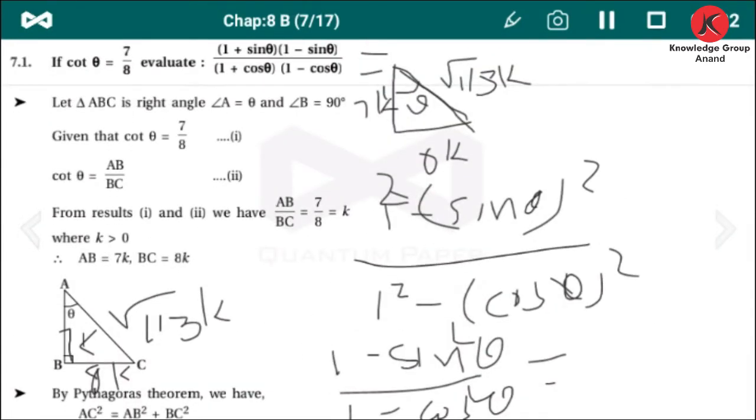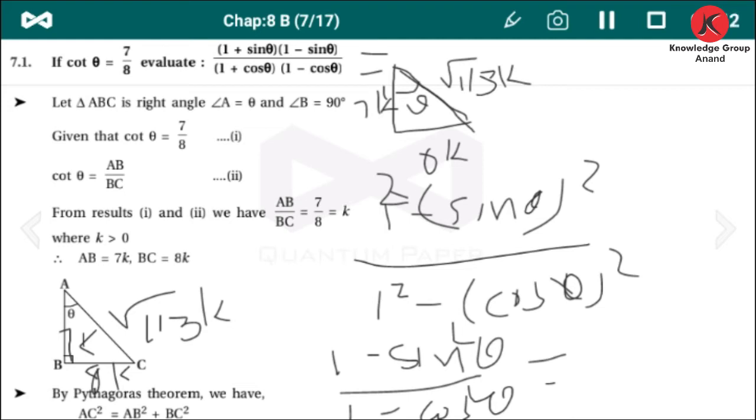Again this question: if cot theta is equal to 7 by 8, then find the value. First we put which side has which measure. Cot is equal to adjacent upon opposite, so AB is equal to 7k and BC is equal to 8k.